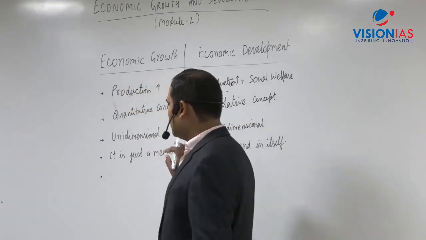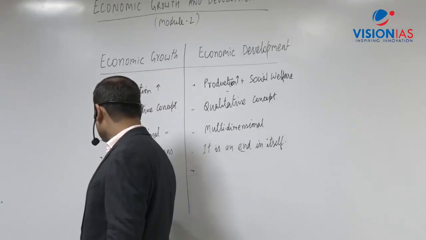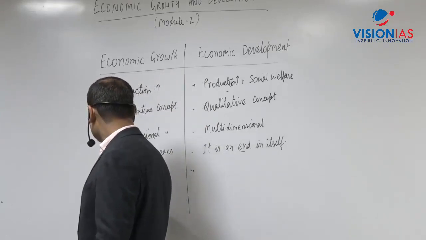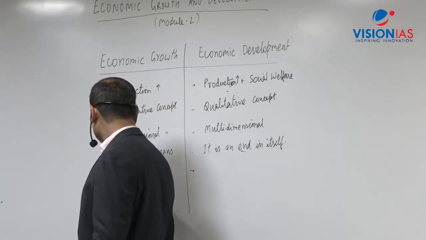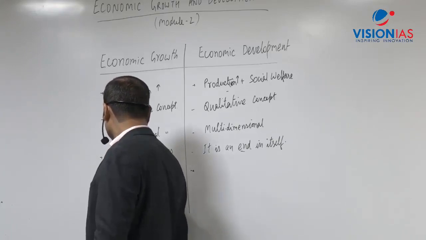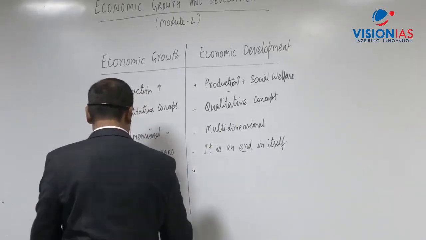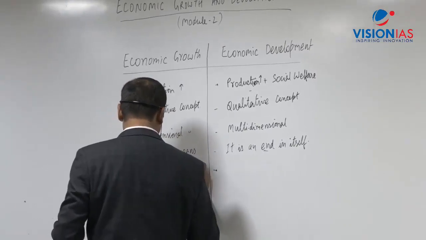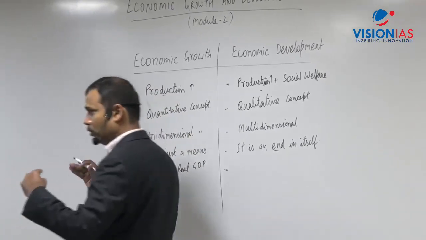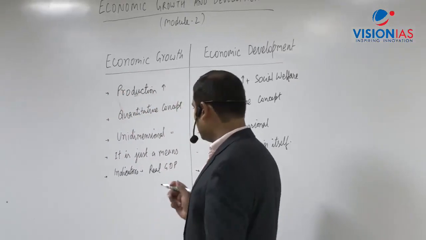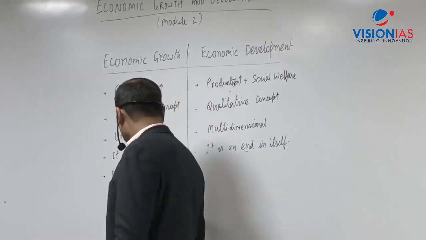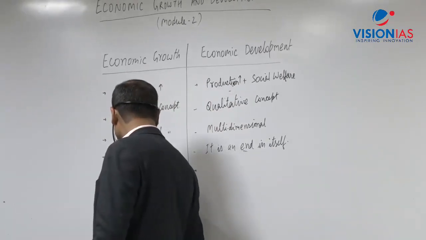Clear? Another is, what are the indicators of economic growth? When we talk about growth or development, we always say real GDP. Real GDP means actual production should increase. Can we also use real per capita income?